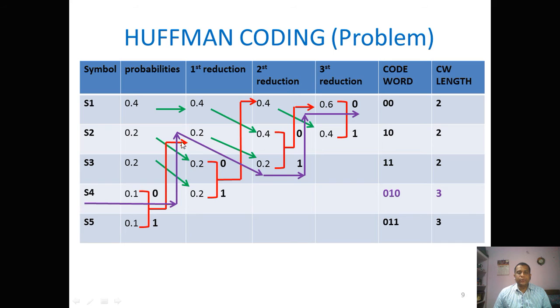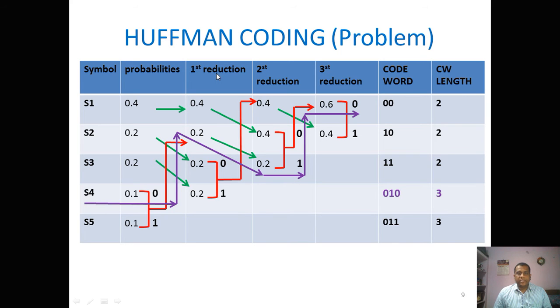This new probability value is inserted as high as possible but in decreasing order in the first reduction stage, while a logic 0 is assigned to the upper branch and a logic 1 to the lower branch, highlighted with red solid lines.